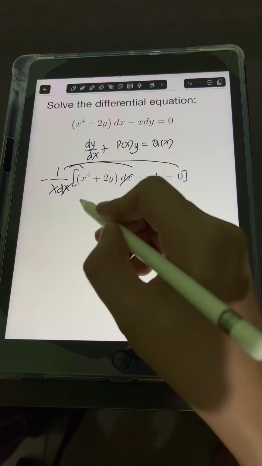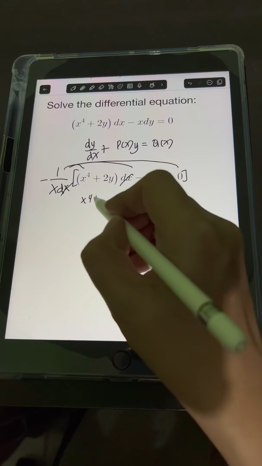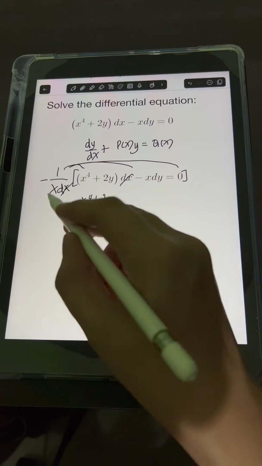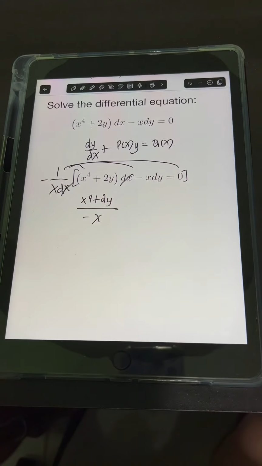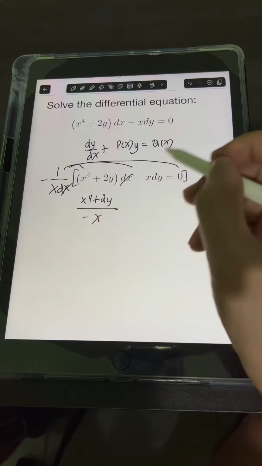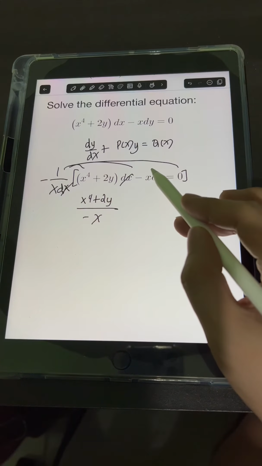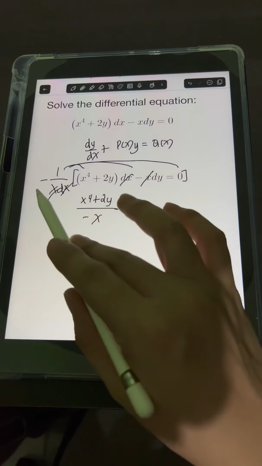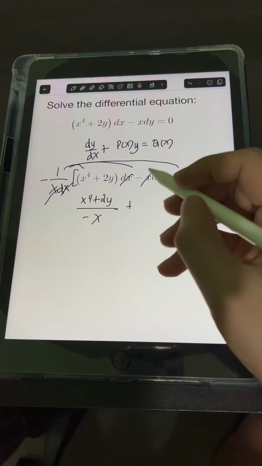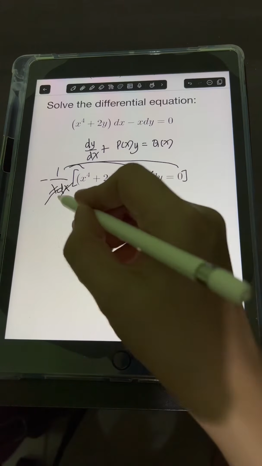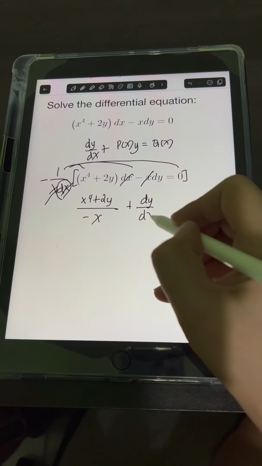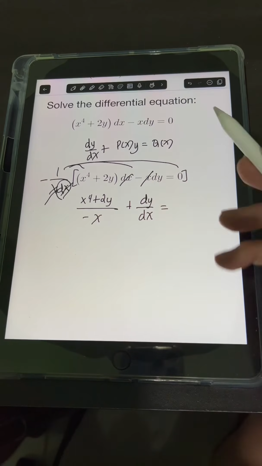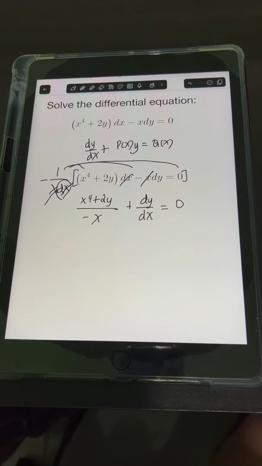So we are left with (x⁴ + 2y) divided by −x. Then for the second term, we can cancel out this x, so negative times negative is positive dy over dx equals, so −1/x dx times 0 on the right, it's still 0.